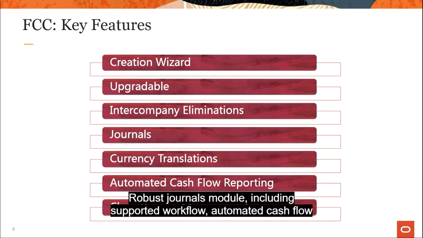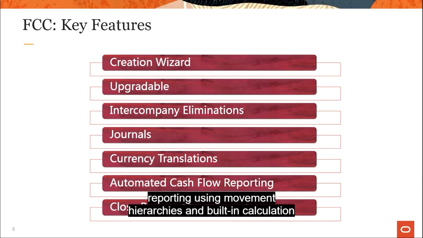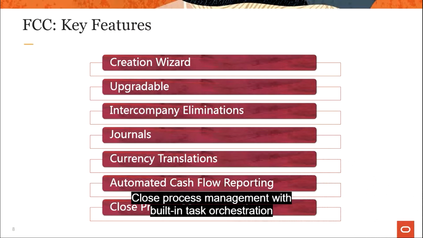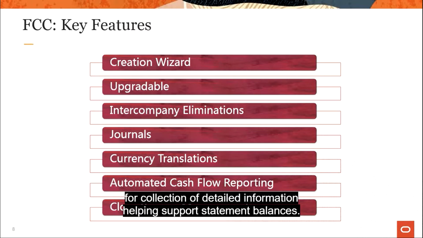Robust journals module, including supported workflow. Automated cash flow reporting using movement hierarchies and built-in calculation with no need for additional calculations. Close process management with built-in task orchestration and close management analysis. Supplemental details for collection of detailed information helping support statement balances.